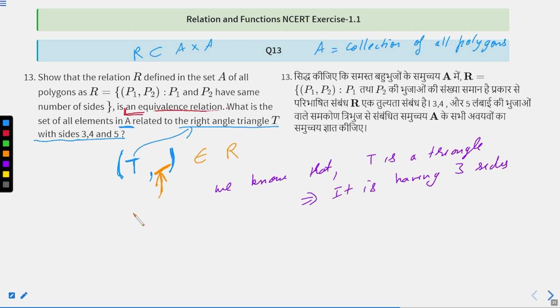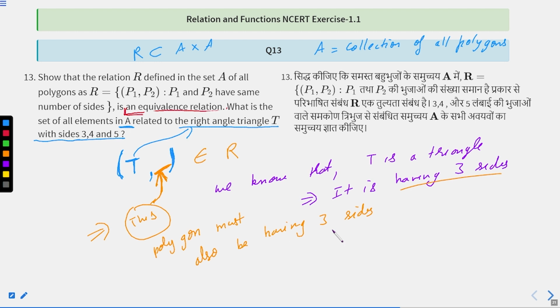This means this polygon must also have three sides. Okay. Can you name polygons having three sides?